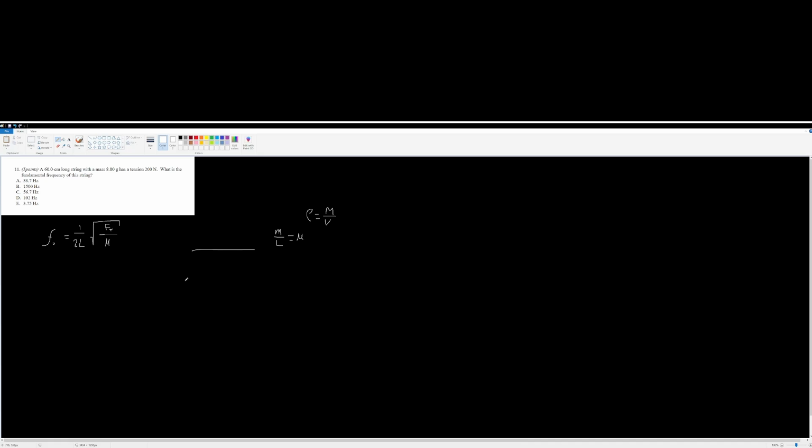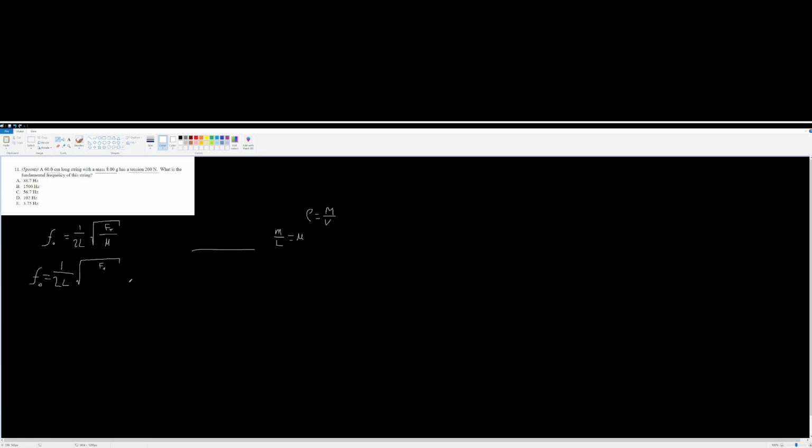So, yeah, we have this situation here. Obviously, in our problem, we are given the length here. We are given the mass, and we are given the tension force. So it is beneficial to us to rewrite this F naught in terms of the variables we have. So we have our length, so we can keep this as 1 over 2L. We have our force due to tension.